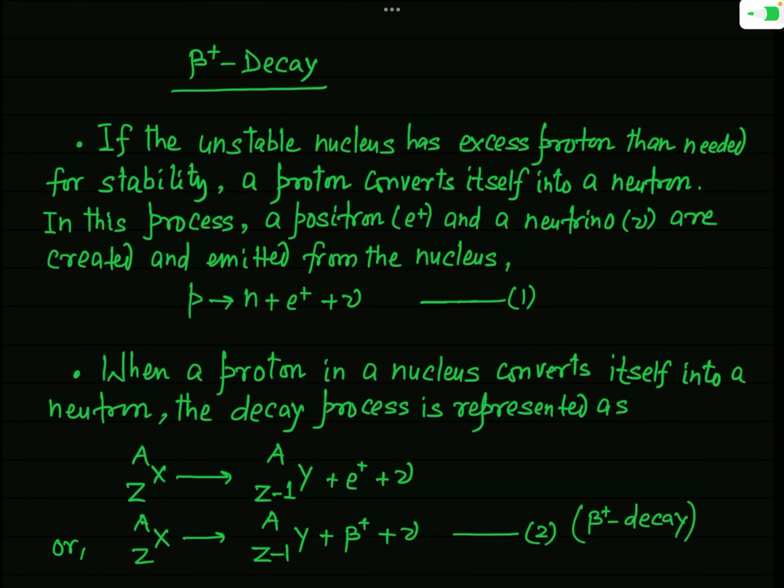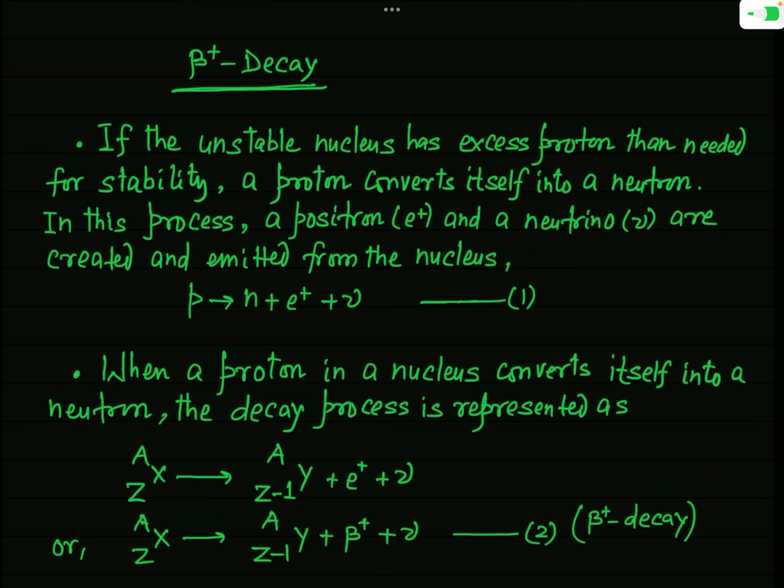Now we will see another process which is called the beta plus decay process, in which a positron is emitted. Positron means an antiparticle of the electron. As I have told you earlier, when there is an excess of protons in the unstable nucleus, more than needed for stability, then this beta plus decay takes place.